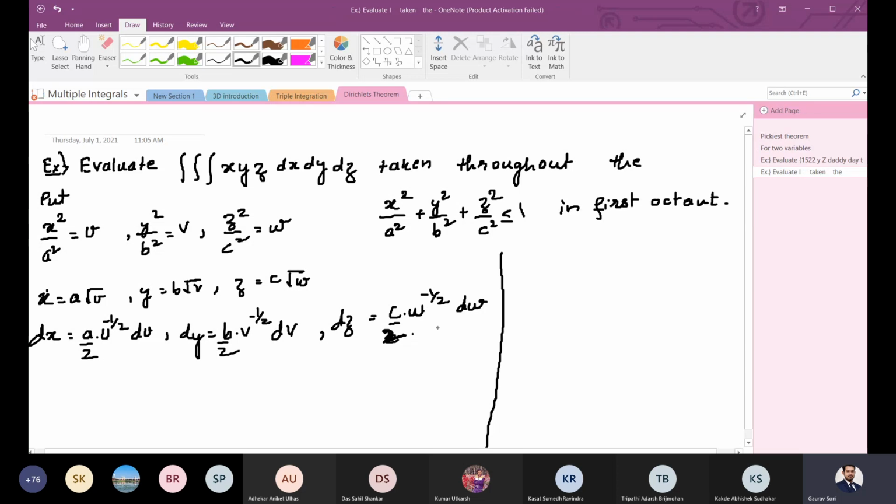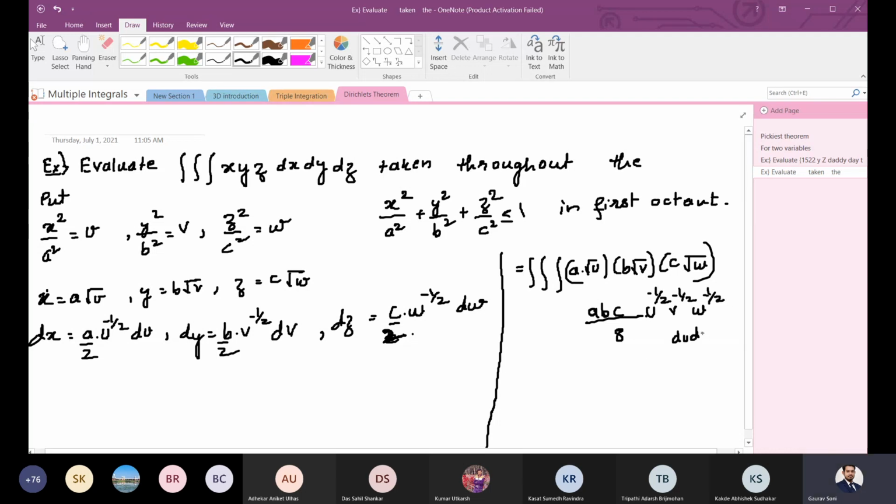If we substitute these values, I'll get the triple integral of x is a root u, b root v, c root w, and dx dy dz will be abc divided by 8 into u raised to minus 1 by 2, v raised to minus 1 by 2, w raised to minus 1 by 2, du dv dw.